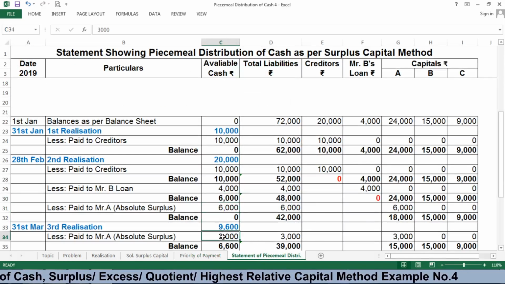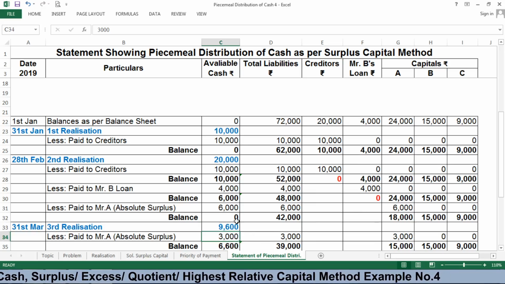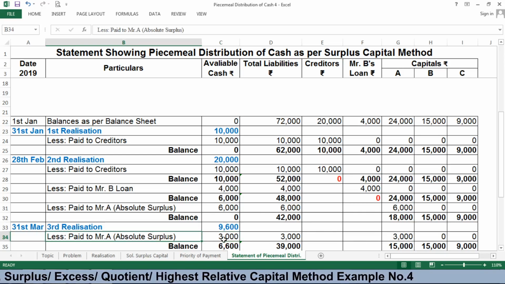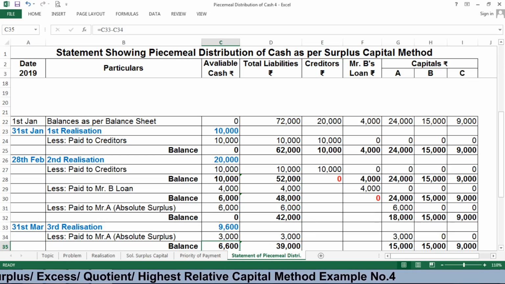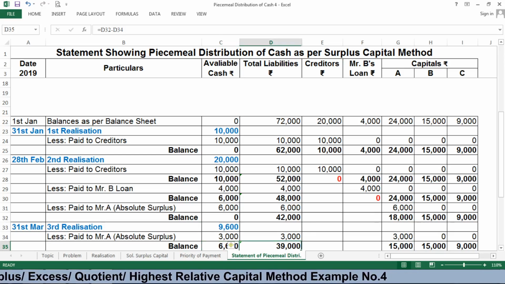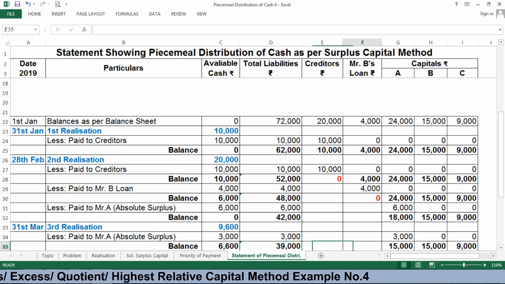So in this step we are going to pay rupees 3,000 to Mr. A. So cash will be reduced by 3,000, total liability will be reduced by 3,000, and Mr. A's balance will be reduced by 3,000. So after the payment to Mr. A of rupees 3,000, we still have cash rupees 6,600 and total liability is 39,000 after deduction of 3,000 from 42,000.